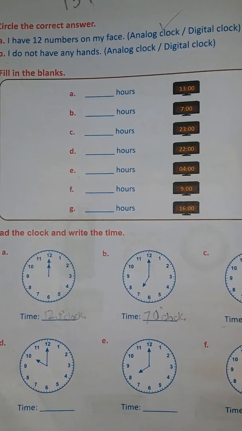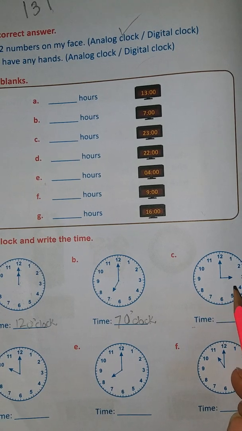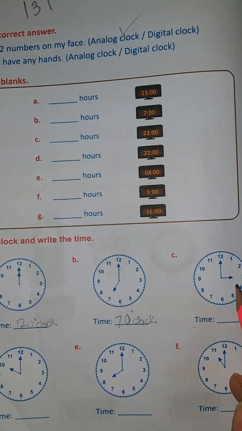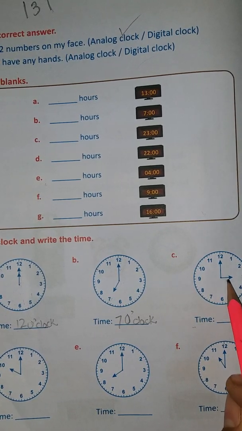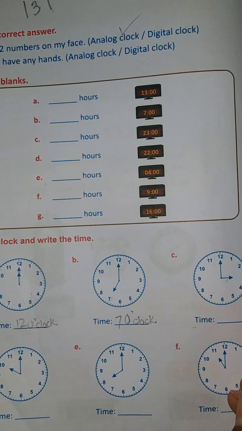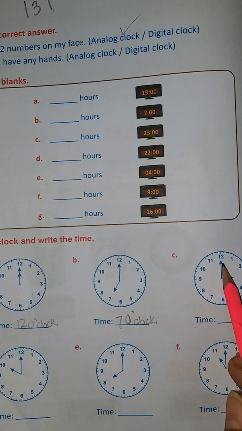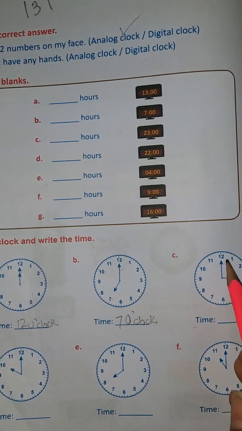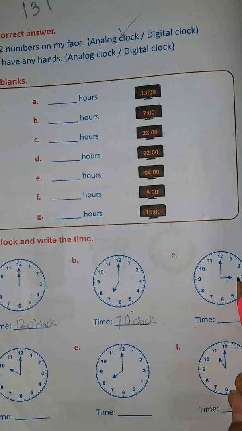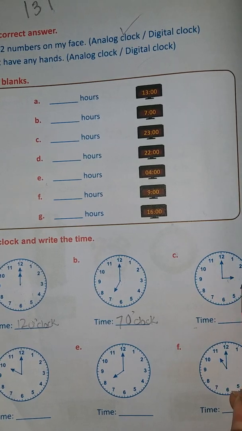So what is the time in the C clock face? The small hand is pointing toward 3. It means 3 hours and how many minutes? The long hand is on the 12. It means 3 o'clock. Okay.